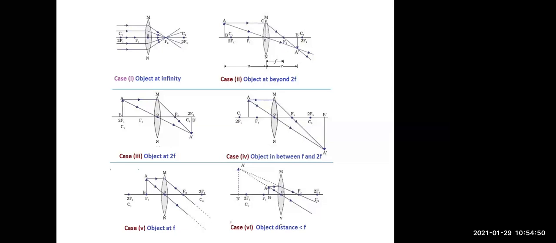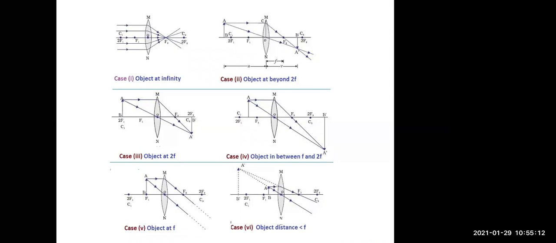Now AB is the object. Here you can see the object AB is beyond 2F. So incident rays will come out from the object. Now here you can see two incident rays passing through the lens.